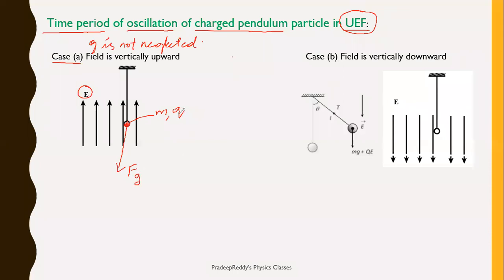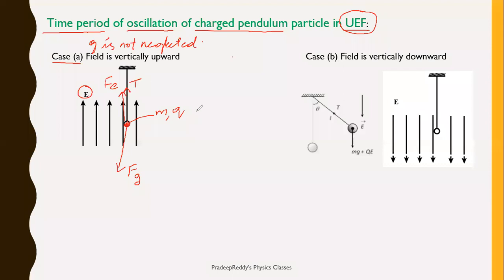Because of charge, I am considering this as positive charge, there is an electric force acting in upward direction, that is Fe. Overall, as this pendulum is attached with the string, there will be tension in the string in upward direction.